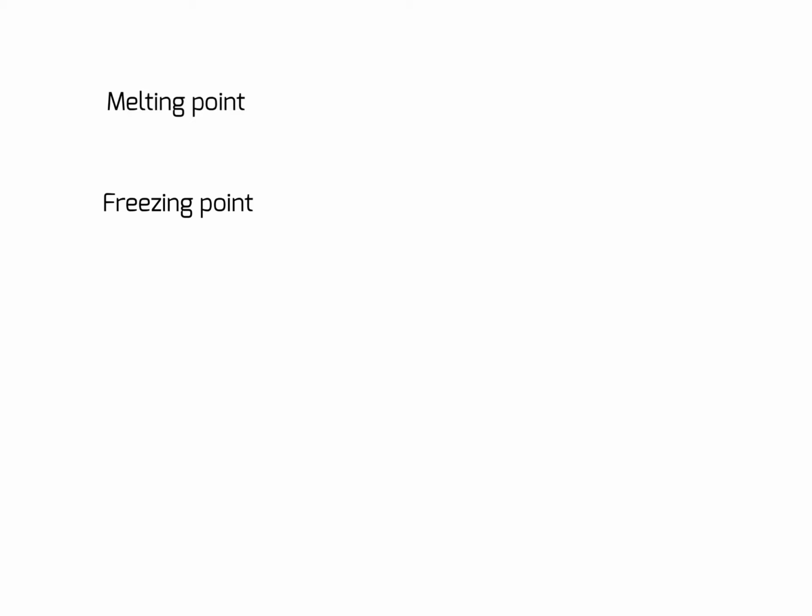So the first thing to make sure that we understand is this idea of melting point and freezing point and the changes of state associated with that. So the melting point is when you have got a solid and you heat it up, you provide a higher temperature and more energy so those particles move around a little bit more, and that solid will melt and it will change state into a liquid.